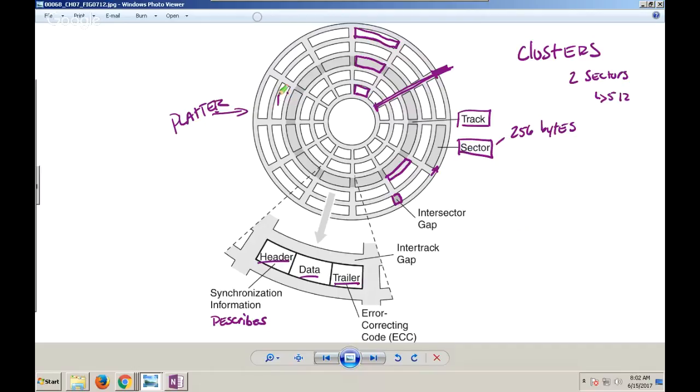So I might have A, B, C, D, E, F, G. And what happens to reading that data now? Because now it's got to read A, then move to the position of B, wait for it to come, then move to the position of C, then wait for it to come. It just has to constantly be moving in order to find one file, other than just having them all be lined up and then just read it all.